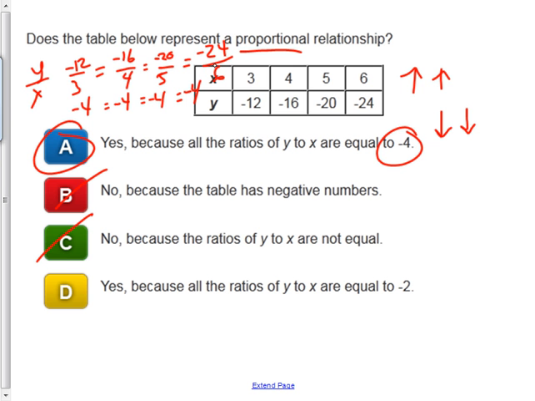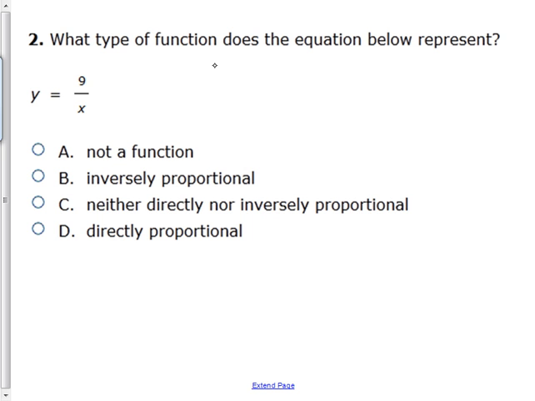Now, if we're talking about directly proportional, that's when we want things that increase. As x increases, y needs to increase. That would be directly proportional. So there's directly proportional, and there's inversely proportional. We're trying to figure out which one's which, because they're asking for inversely, neither, or directly, or if it's not a function at all. And this is a function because we have two variables.